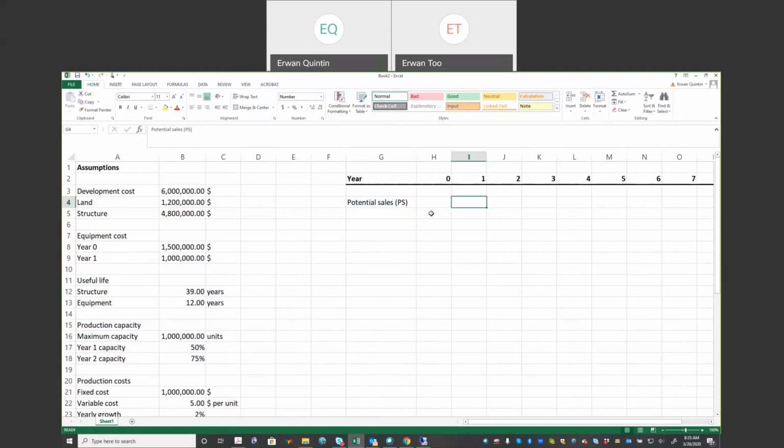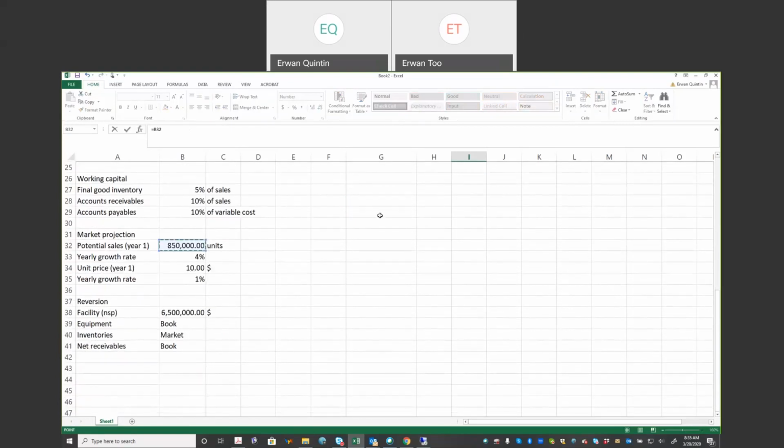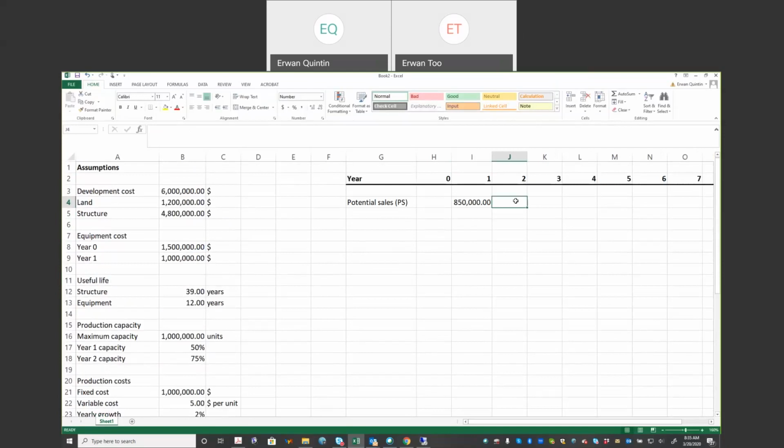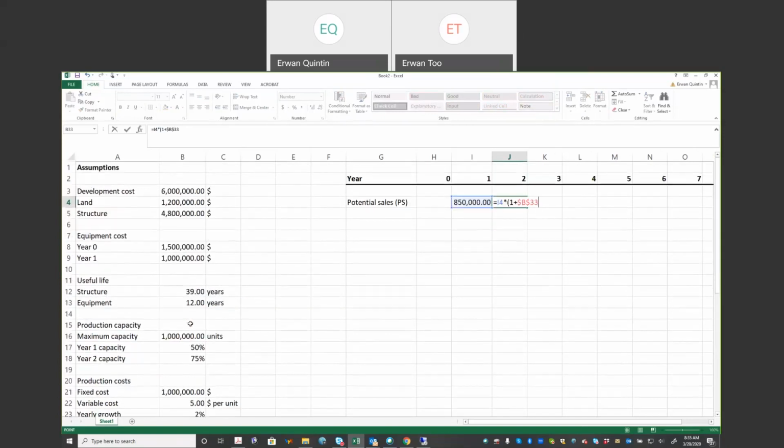So what are my potential sales? By assumption, in year one, they are 850,000 units. And then also by assumption, this is something that is going to grow at a rate of 4%, F4.